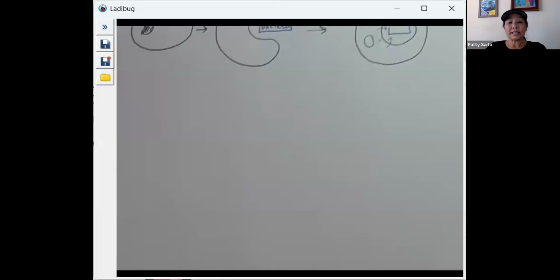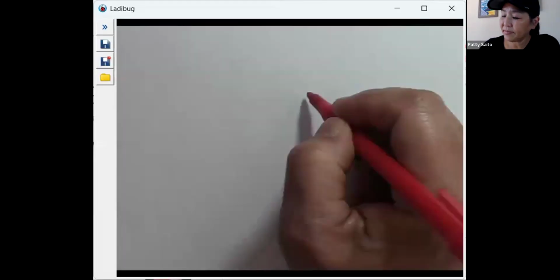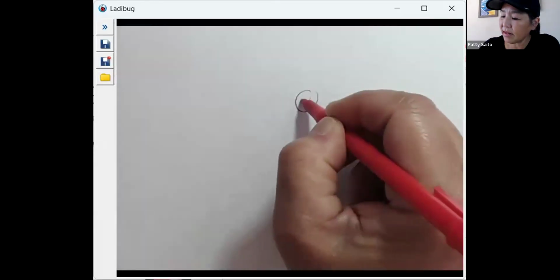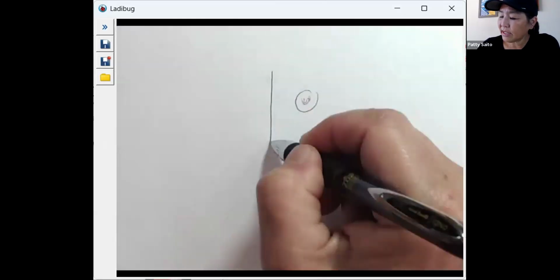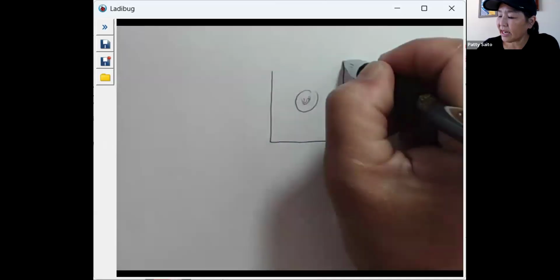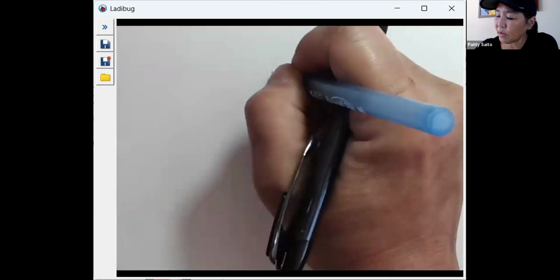All right, so let's take a look at our little red blood cell. Here's a red blood cell, and here's a solution it's sitting in. This is some kind of solution with water.